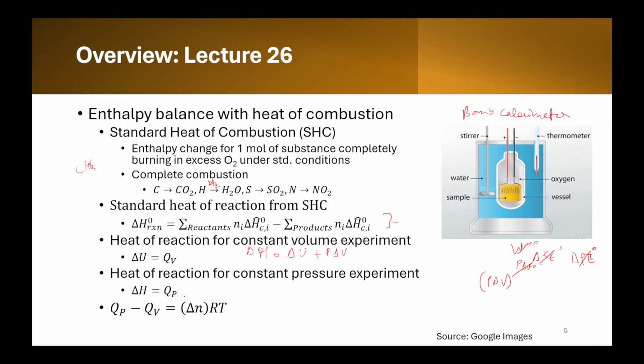This is the heat transferred for the constant pressure experiment, and QV is for the constant volume experiment. The difference between these two heats is delta n RT, and this is again for gaseous components.